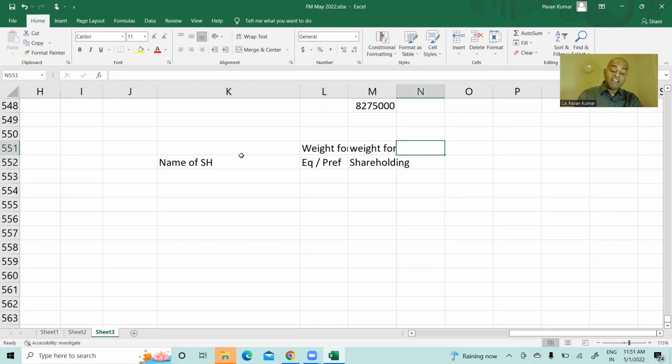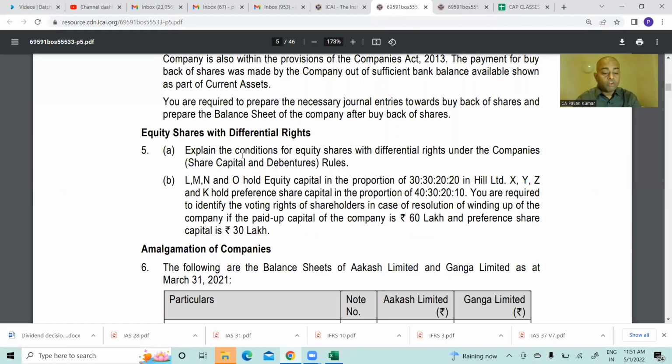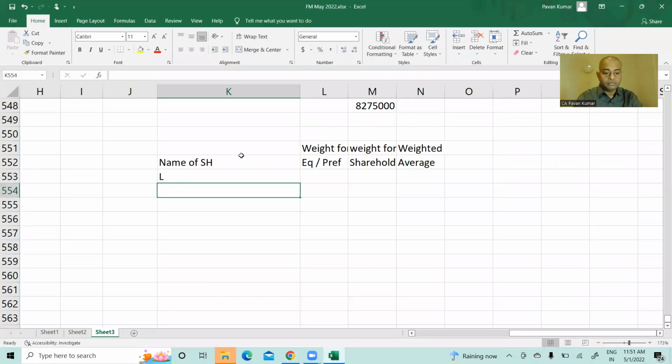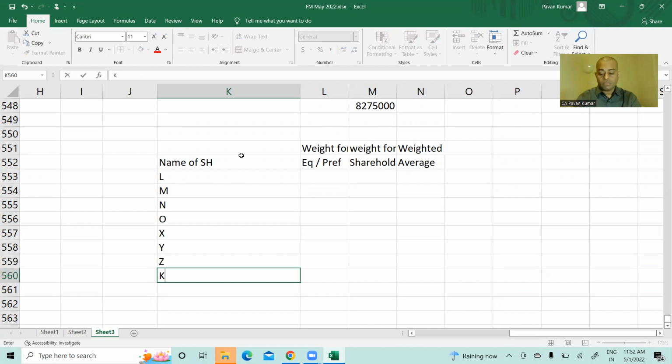So weighted average weight. So what are the names? L, M, N, O. Then X, Y, Z, K.